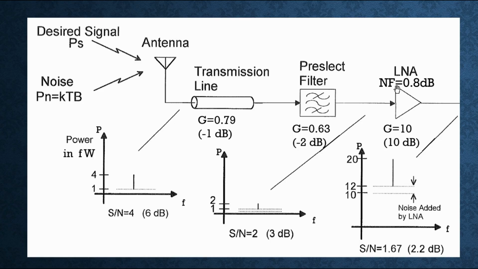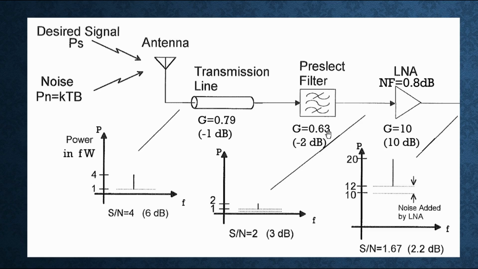And I've labeled it as having a noise figure of 0.8 dB. So this is a really, really good LNA. But having that really low noise figure is not really going to help here because of all the loss in front of the LNA. So let's walk through and see what happens. We start out on the left with signal to noise ratio of 4 or 6 dB. And then we go through, I'm just going to take both of these as a unit.